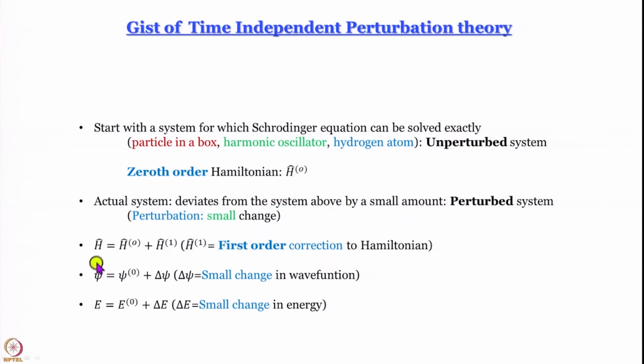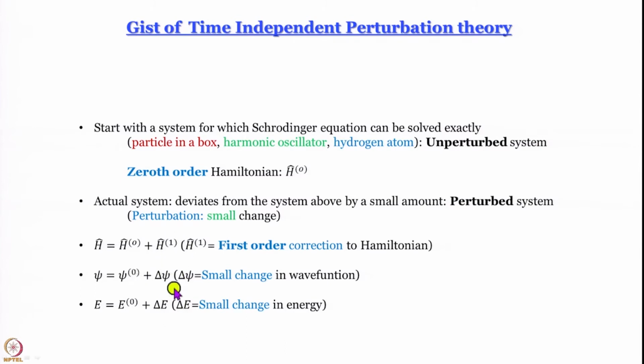Then we can write the Hamiltonian of the perturbed system as the 0th order Hamiltonian plus a first order perturbation term. We can write the wave function as the 0th order wave function plus some delta psi, which is also due to first order perturbation, and E we can write as E 0th plus delta E, where delta E is a small change in energy because of the perturbation that we have introduced.